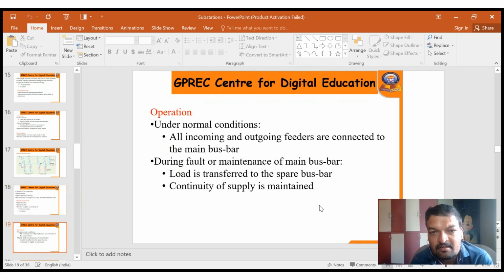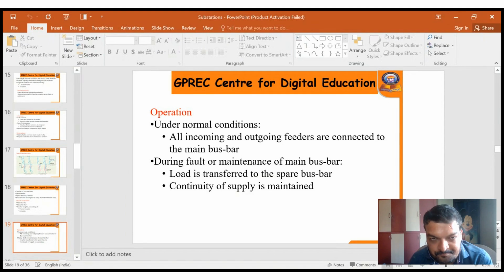Under normal conditions, all incoming and outgoing feeders are connected to the main bus bar. During a fault or maintenance of the main bus bar, the load is transferred to the spare bus bar, so continuity of supply is maintained.